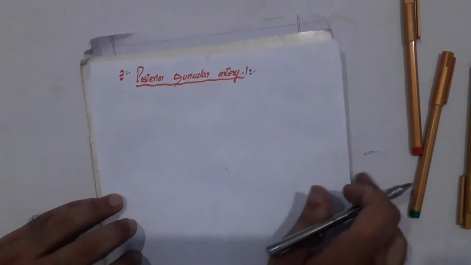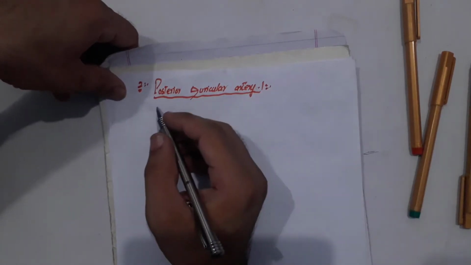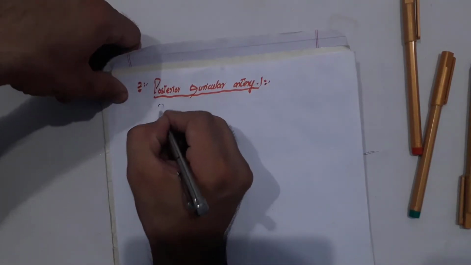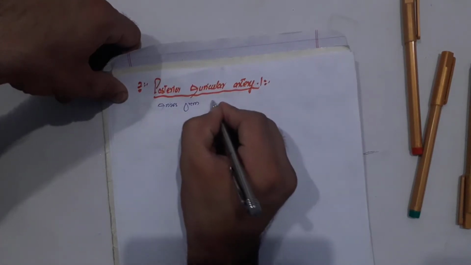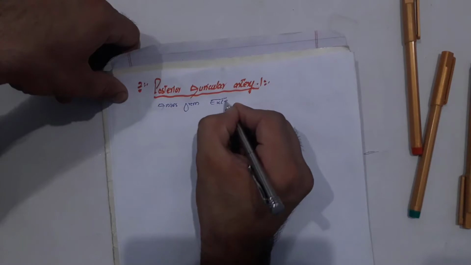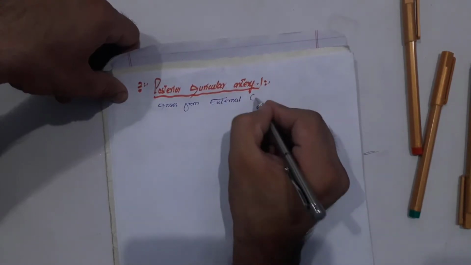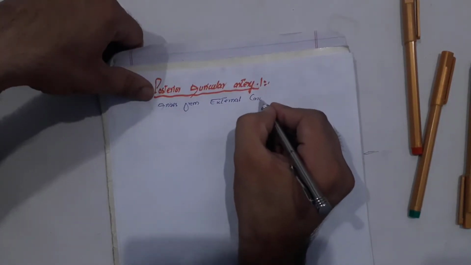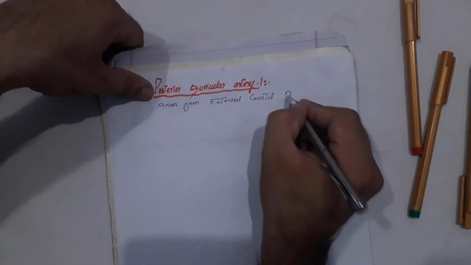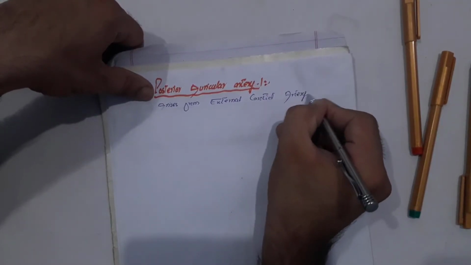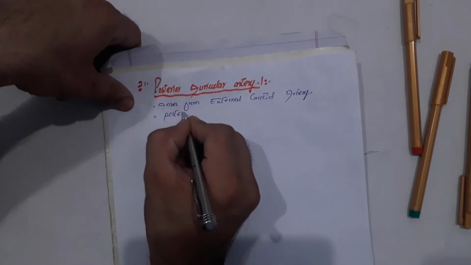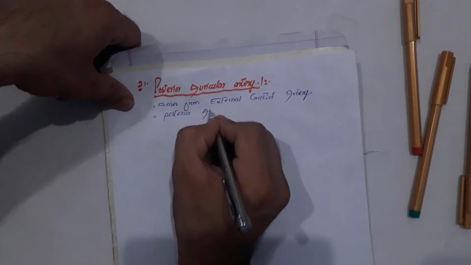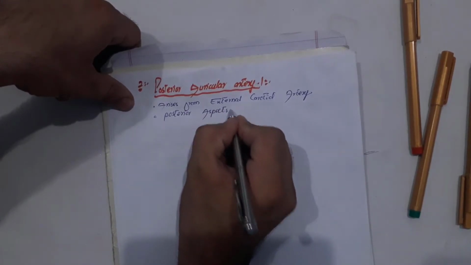First of all, from where does this artery arise? This artery arises from the external carotid artery, from the posterior aspect, right?